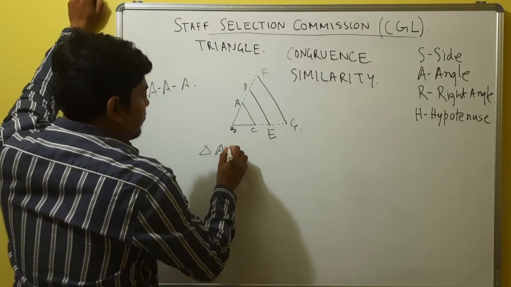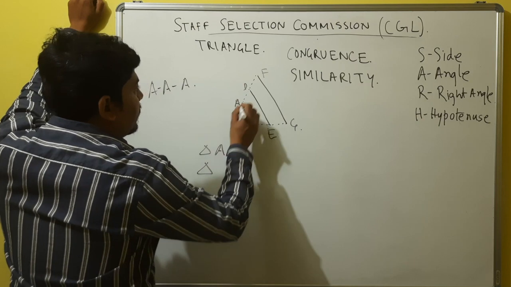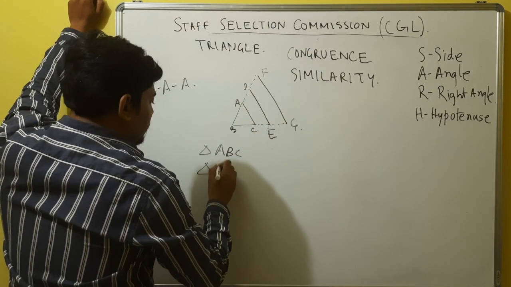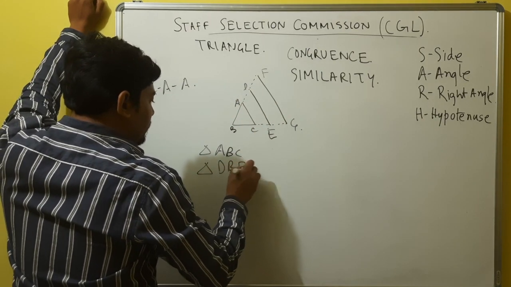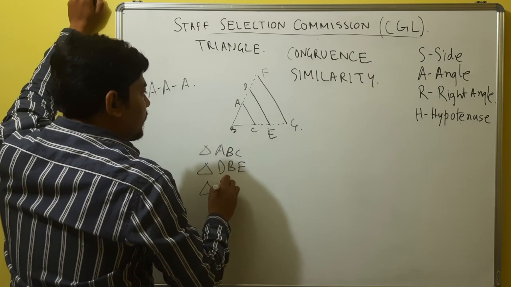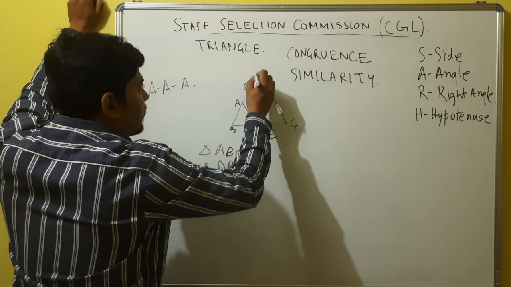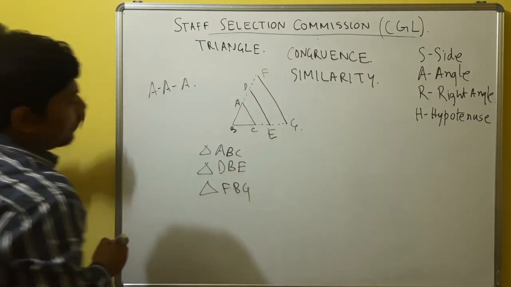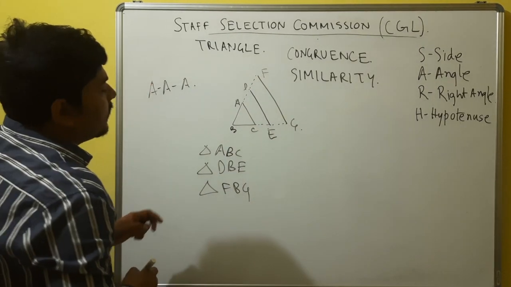Triangle ABC, triangle DBE, triangle FBG. All three triangles have angles equal.